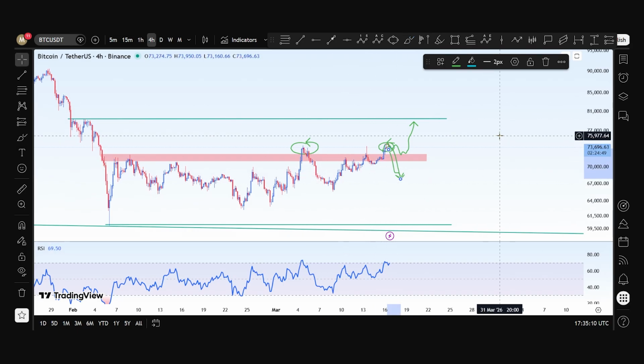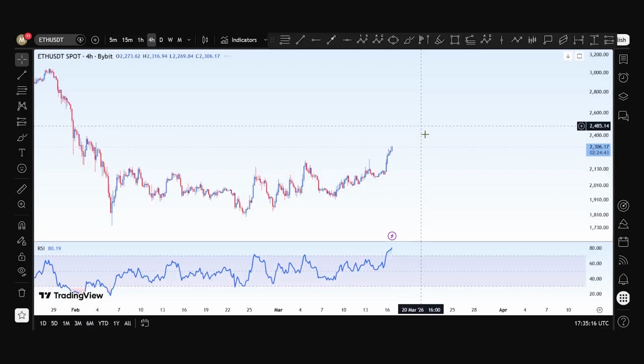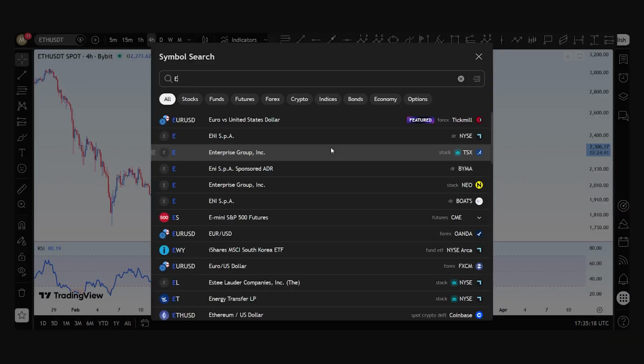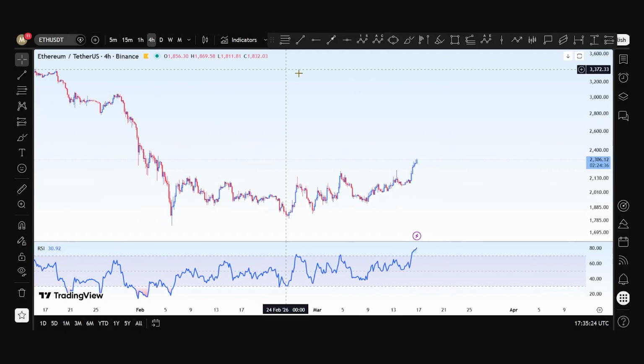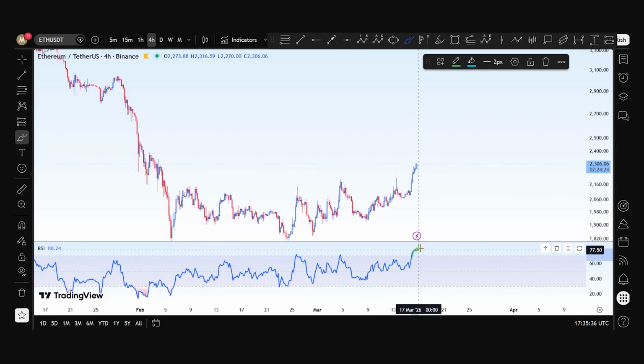I know we have seen some pumps in some coins, especially Ethereum. So if we go to Ethereum, Ethereum right now actually is bullish and is trying to get to these levels at 2,400, let's say. For now, we see the RSI is printing strong momentum.